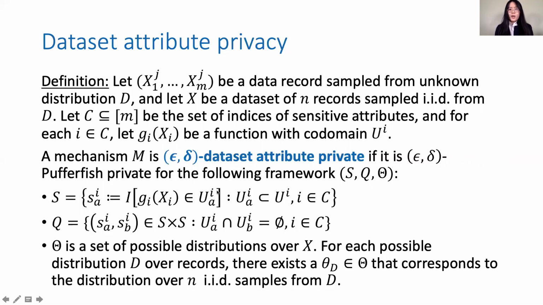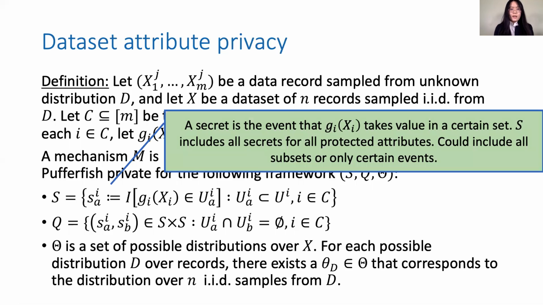We formalize our attribute privacy definition using the Pufferfish framework by specifying the three components. S contains all the secrets, and a secret is the event that g_i of x_i takes value in a certain set.